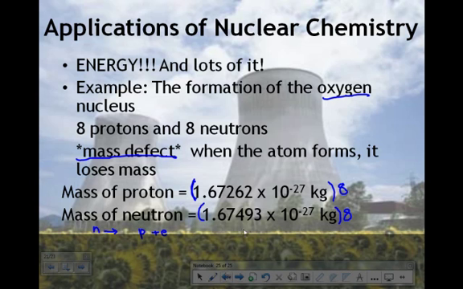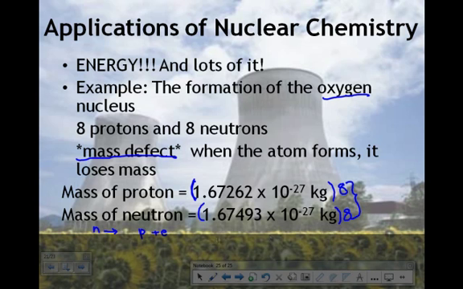All right, so we've got this all multiplied through. Now we're going to find out what is the sum of these. If we add these it's 16 particles, right? Add these 16 particles together, and I get a total mass.